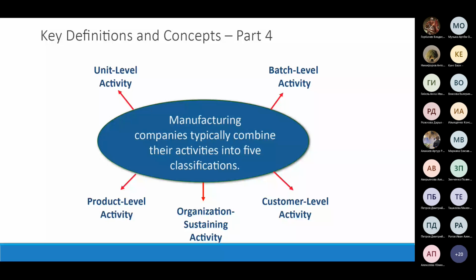So a batch would be a small portion of our units combined together to make the process of delivery, maybe, or the process of consumption simpler. Then product level activity, organization sustaining activity, and customer level activity. So these 5 classifications are always used for manufacturing companies to assign the costs correctly.